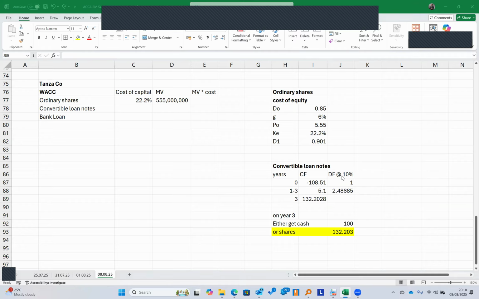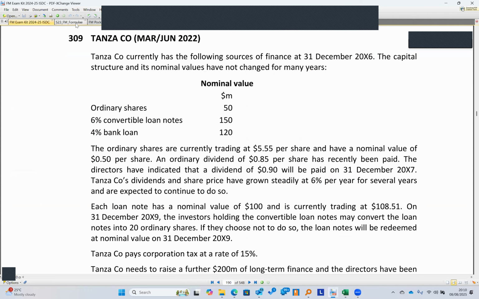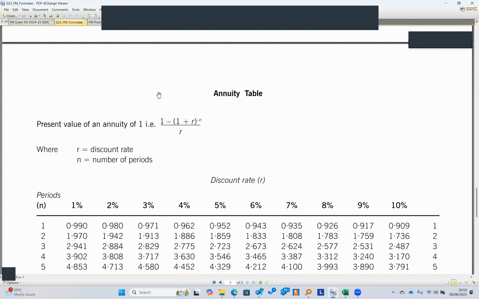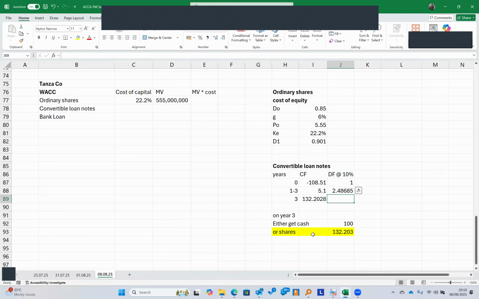Okay, this is a formula that you don't have to cram. It is right here for an annuity. Then this one is normal, 1 plus 10% to the power minus 3. So then you can get present value at 10%.